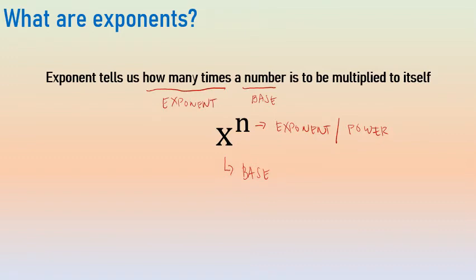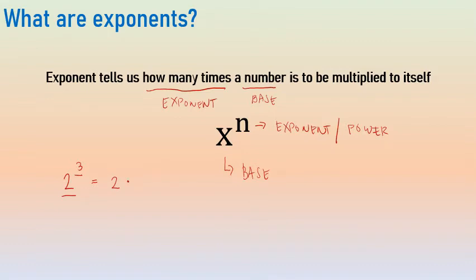Okay. So, example, we have here 2 raised to 3 or 2 cubed. So, by definition of exponent, ang sabi natin is that it tells us how many times a number, our number or our base, is to be multiplied to itself. So, on this one, it just means we have to multiply the base 3 times to itself.